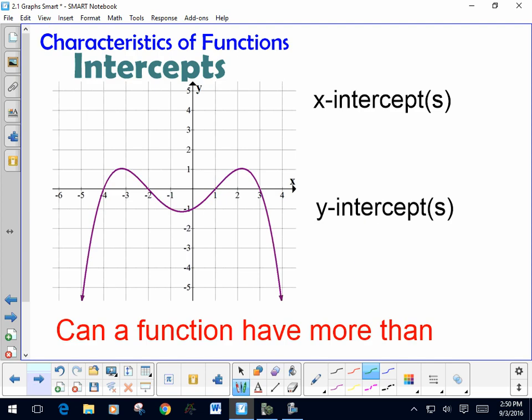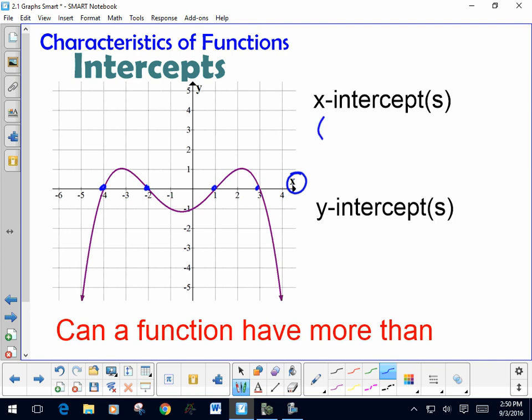Okay, last one. And this one you already know, so it's not too hard. Last characteristic of a function is the intercepts. So a function can have x-intercepts and y-intercepts. X-intercepts are found on the x-axis. This function happens to have 4 of them. I would prefer very much for you to not just write -4, -2, 1, and 3.